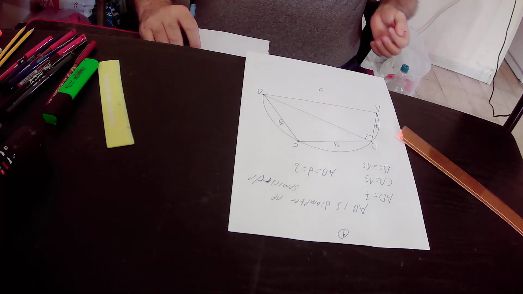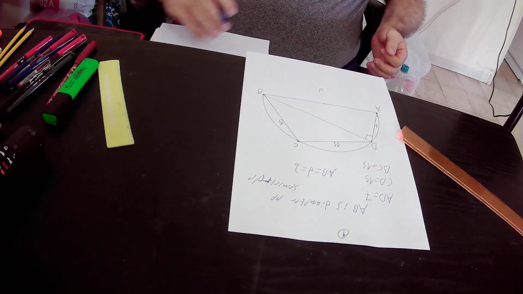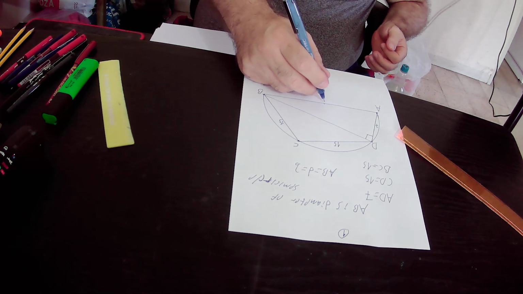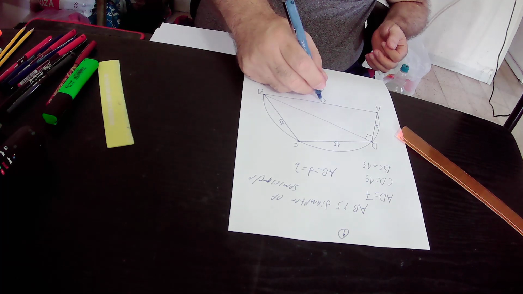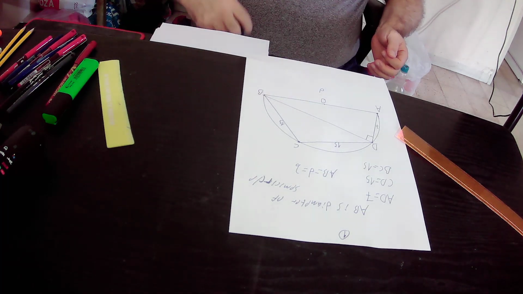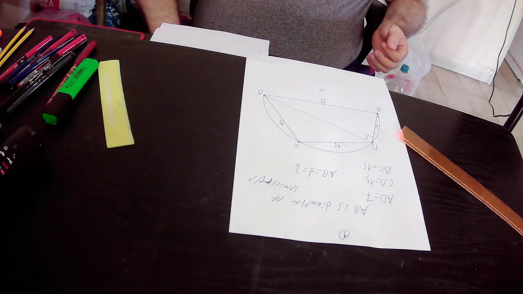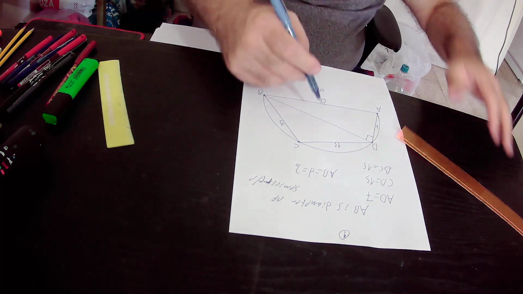In the next step, we will define the center of the semicircle. At this point, we will define this point that is the center of the semicircle, point O. Again, point O is the center of this semicircle, and then we will join together points O and C by a straight line.